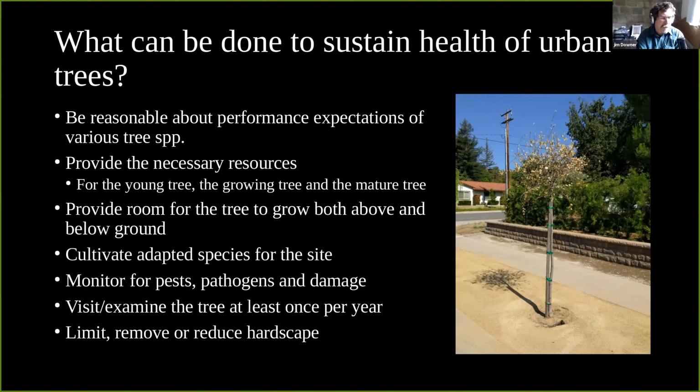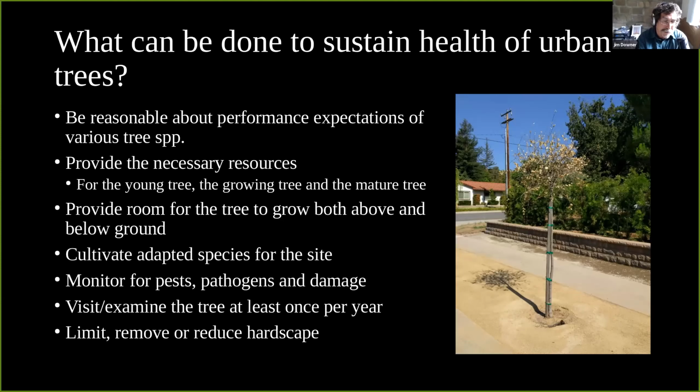And we need to, again, emphasizing, cultivate the adapted species for the site. And that may be something in flux. We may be changing what that is simply by way of something that's out of our control, i.e. climate change. We have to monitor for pests, pathogens, and damage, and we'll talk a lot more about that next week. And we have to visit or examine the tree at least once per year.